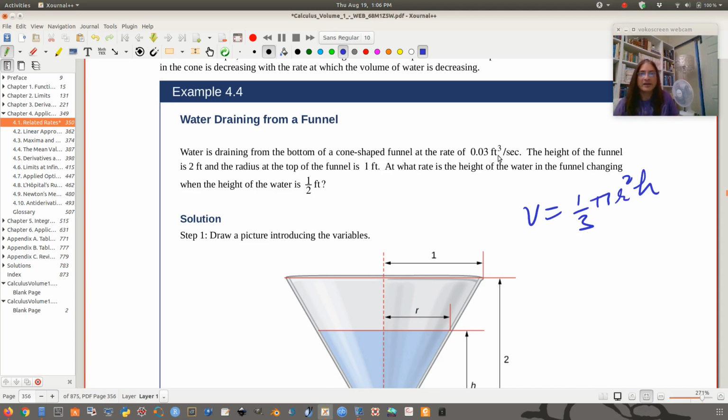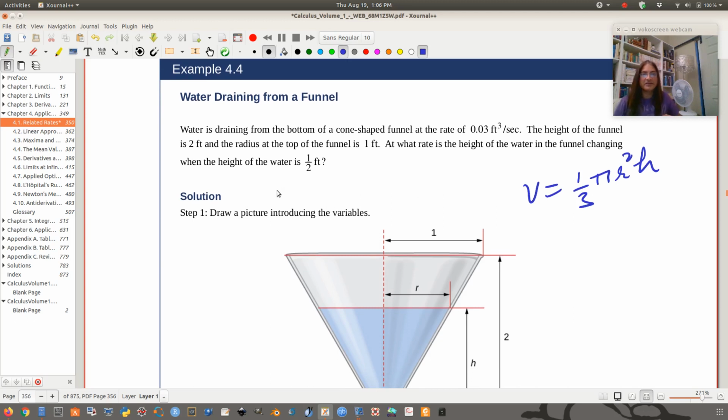So dV over dt is given. The height of the funnel is, total, 2 feet, and the radius is 1 foot over here. At what rate is the height of the water in the funnel changing when the height of the water is so many feet?